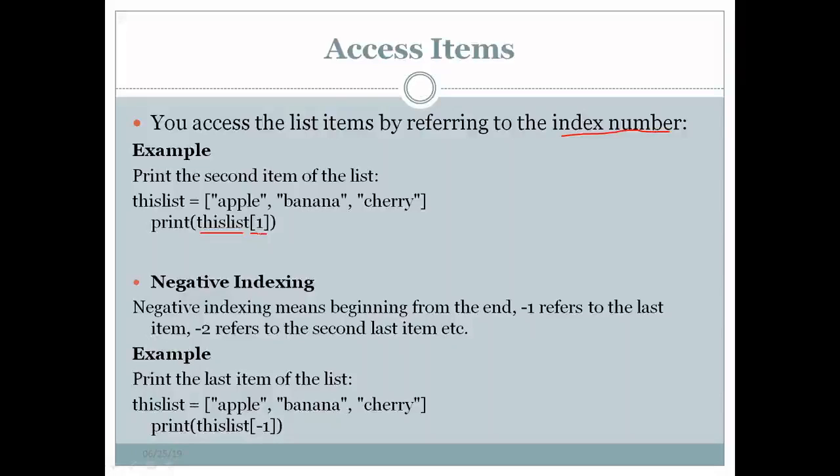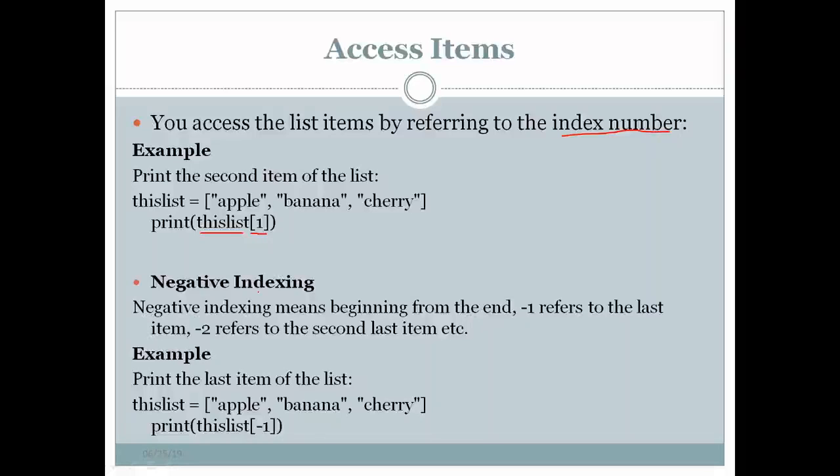As we can use the positive index values, we can also use negative indexing. Negative indexing we have already used with string and tuples. In the same way, we can use negative indexing with list as well.